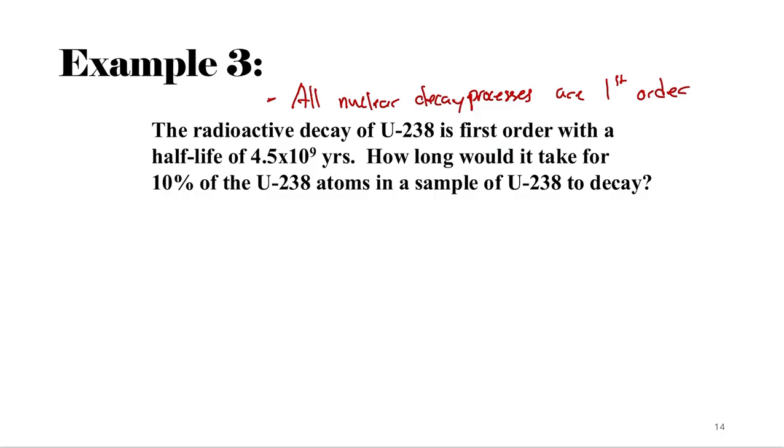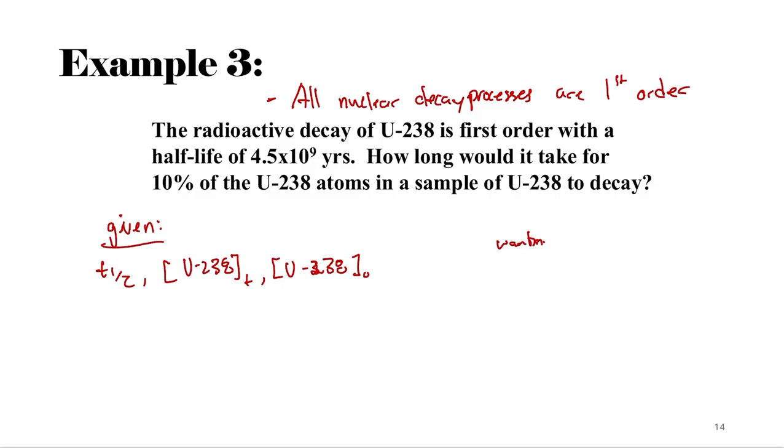Yeah, what we're given is T1/2. We're given uranium-238 at time t, and we're given uranium-238 initially, and we're given it in a kind of convoluted way, and we want to solve for the time it takes, right?